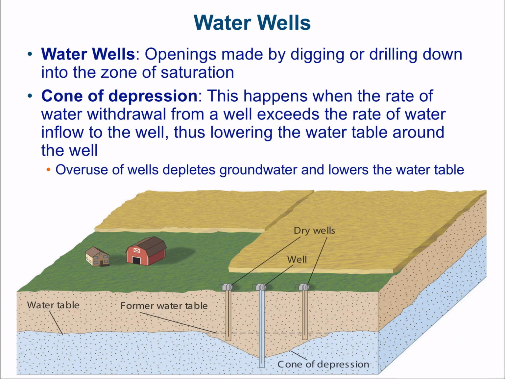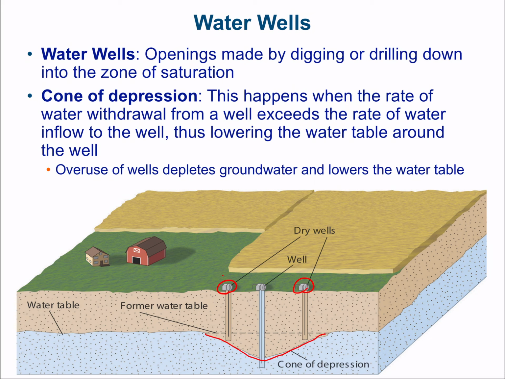Wells, on the other hand, we actually have to dig or drill down into the zone of saturation. So you can see here the reason why this well and this well are dry is because they do not go in that zone of saturation. What happens with these two wells that I've circled, you have what's known as a cone of depression.